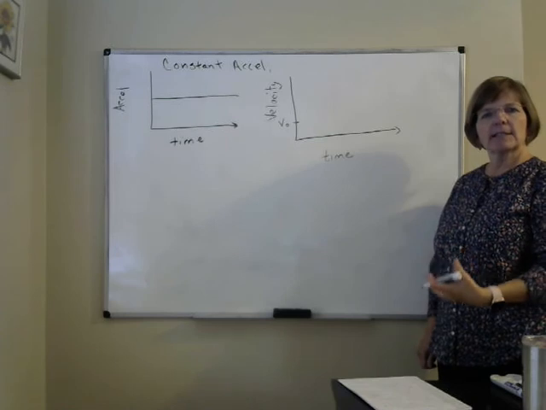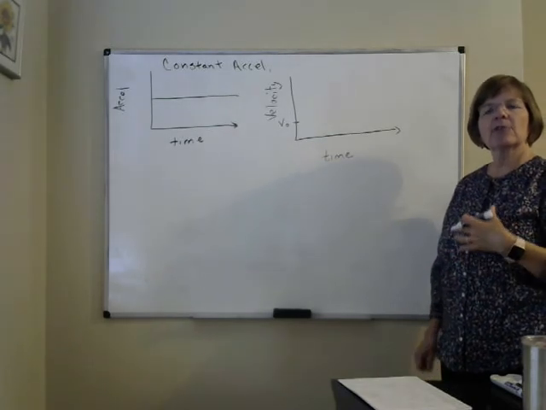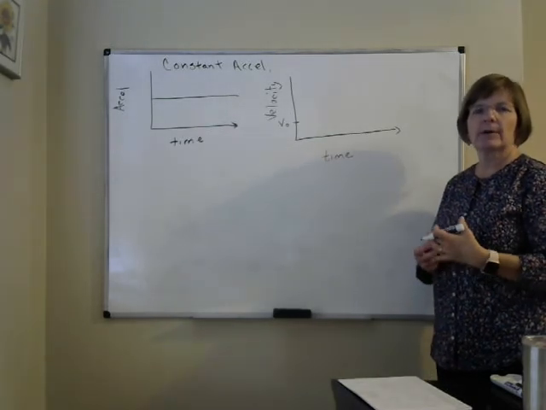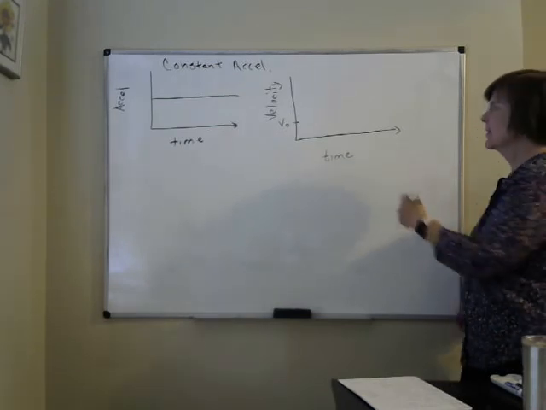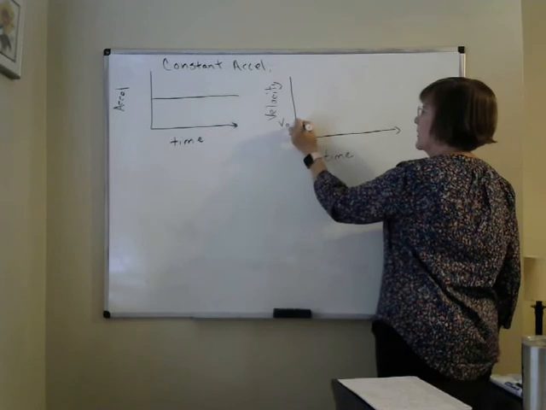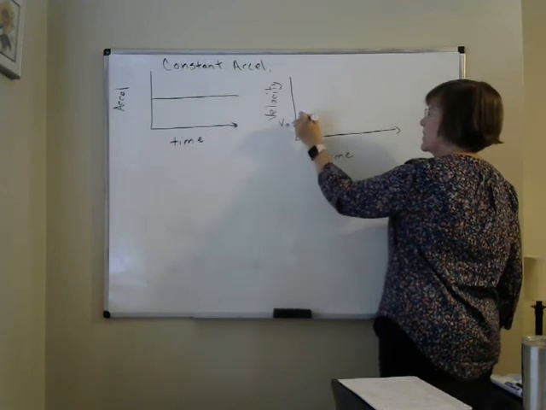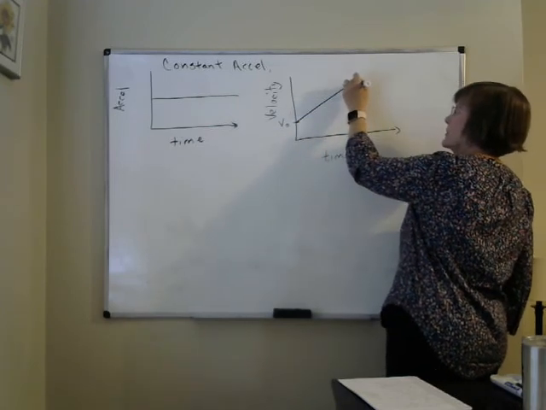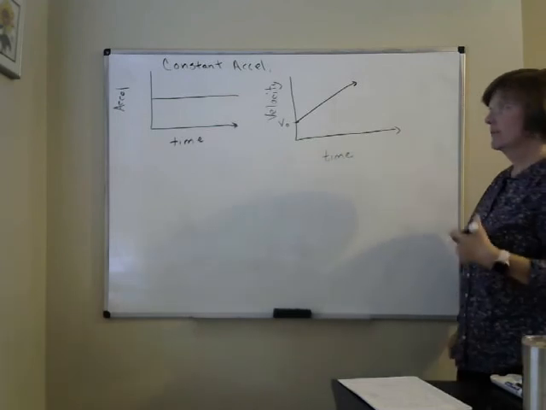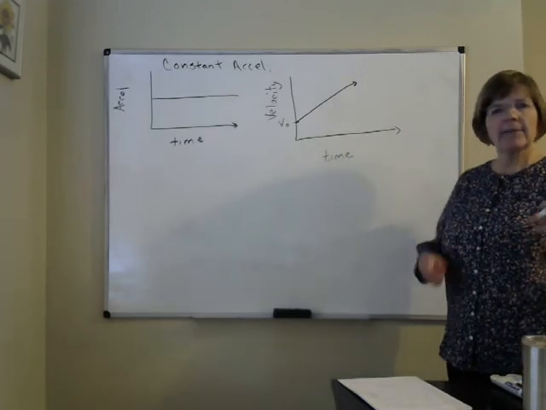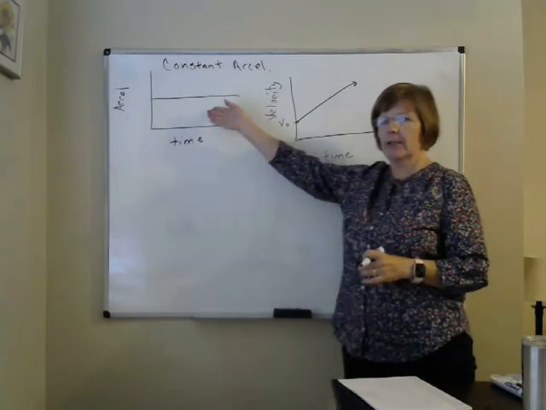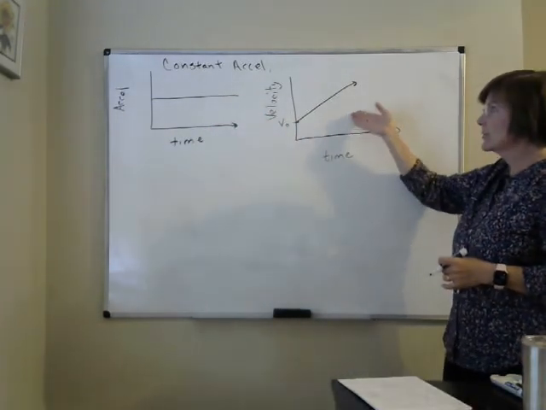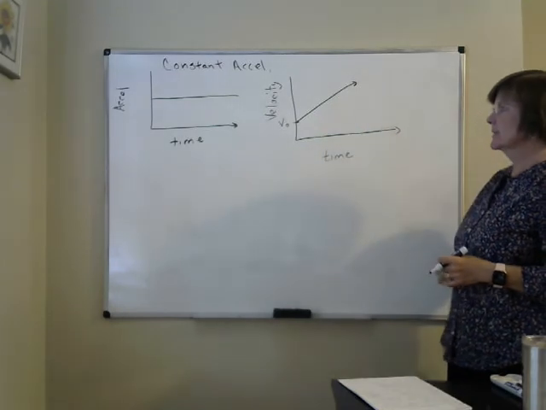But if I have a constant acceleration, remember acceleration is the slope of a velocity time graph, which means I have a constant slope. So that would look like a graph that would just be straight. Now, I drew it with a positive constant slope. It could have a negative one, but I drew a positive one here.